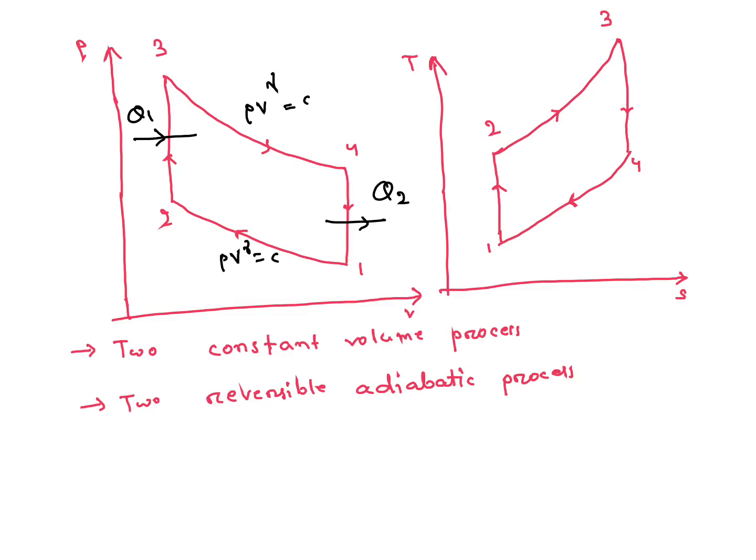Here this is 2 to 3, volume is constant, and 4 to 1 volume is constant. Constant volume heat addition 2 to 3, 4 to 1 constant volume heat rejection.